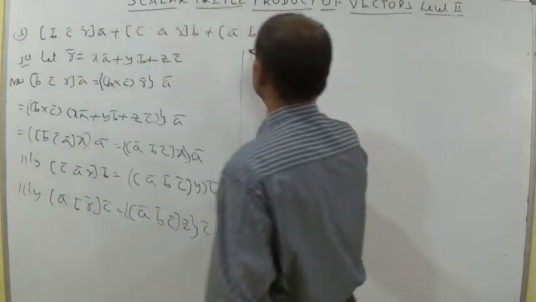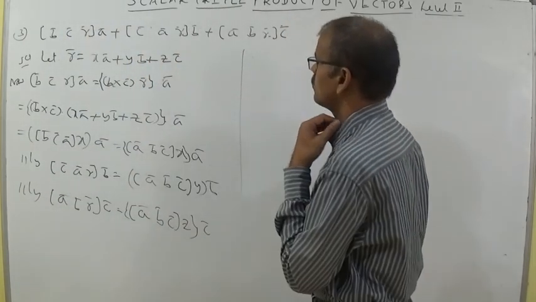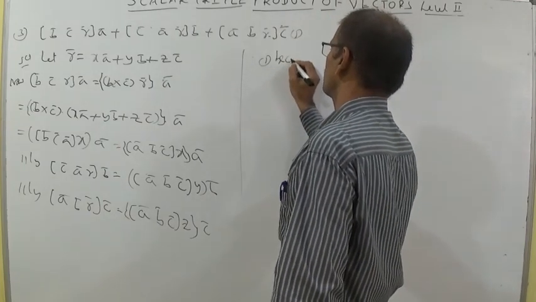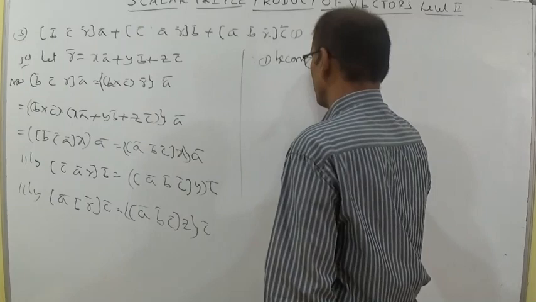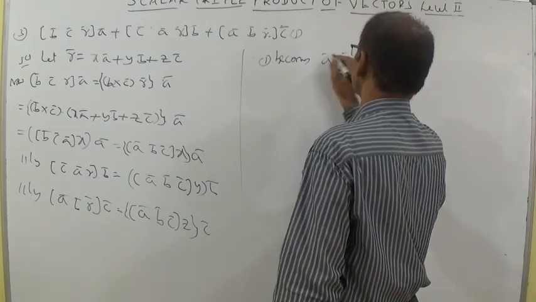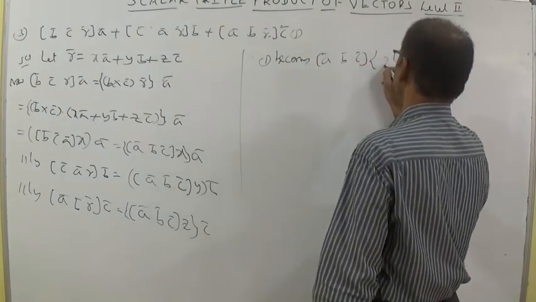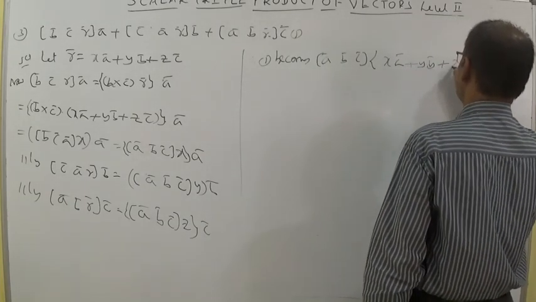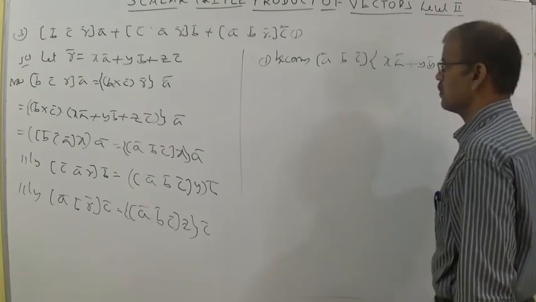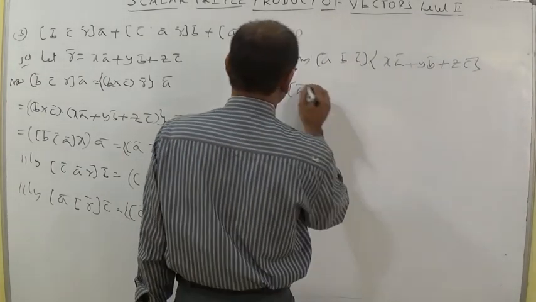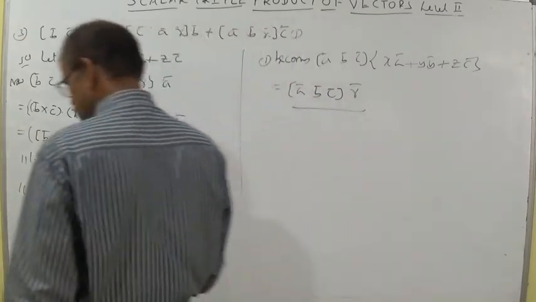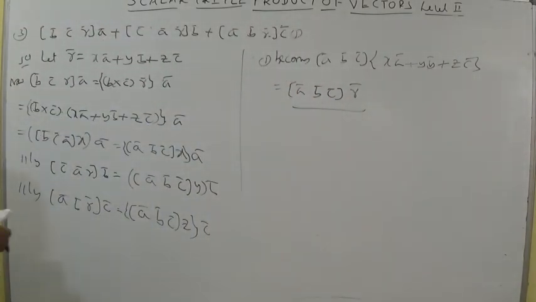Therefore the LHS becomes, taking box ABC common, box ABC into the bracket XA bar plus YB bar plus ZC bar. So we get box ABC into R bar. This is the third option.